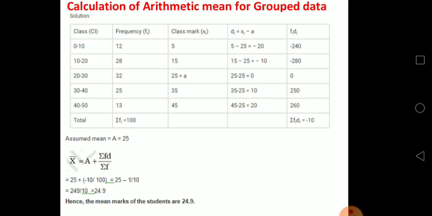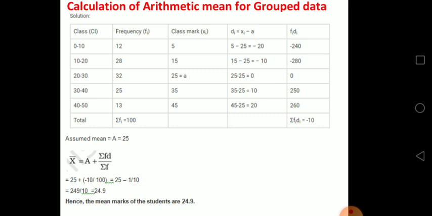Now the deviation is obtained by subtracting the assumed mean from each class mid value. So for the first one, I subtract the assumed mean from 5. Here my assumed mean is 25, so I can say 5 minus 25, and I will get minus 20, and so on for the other classes.